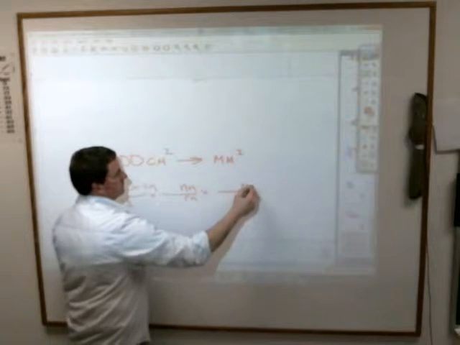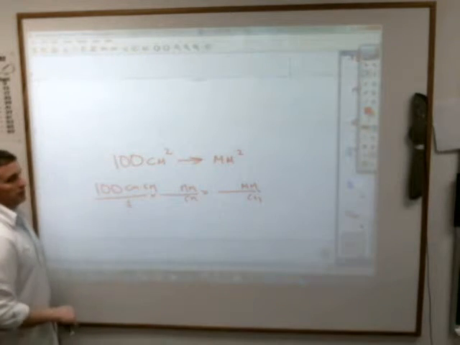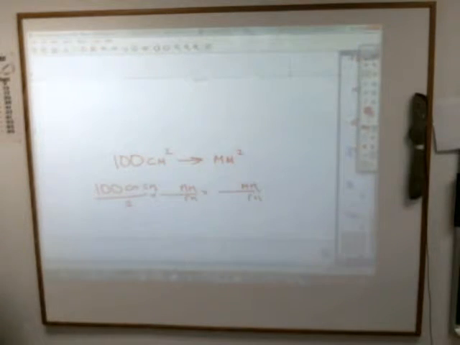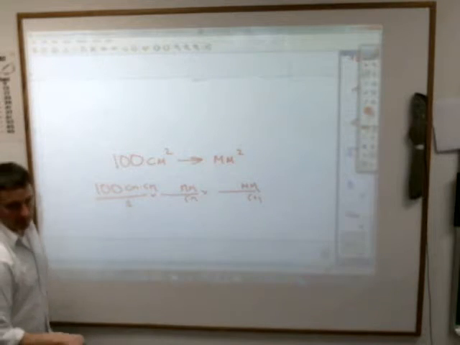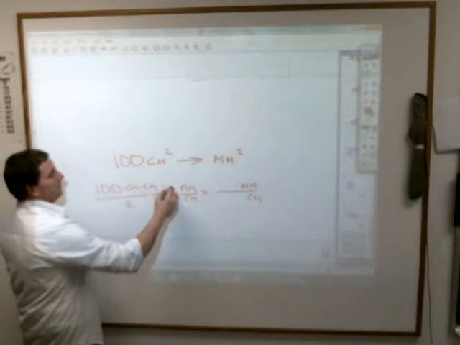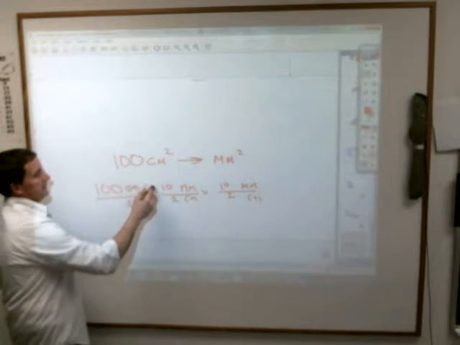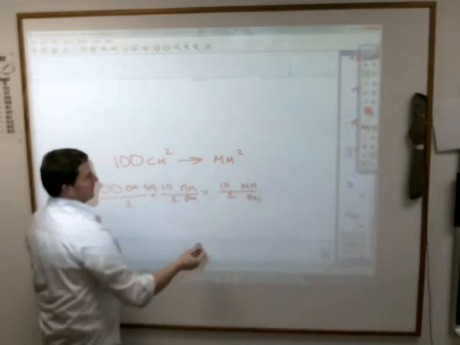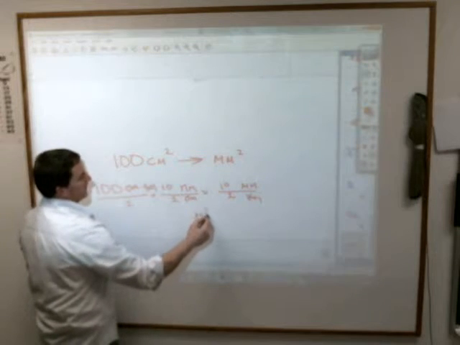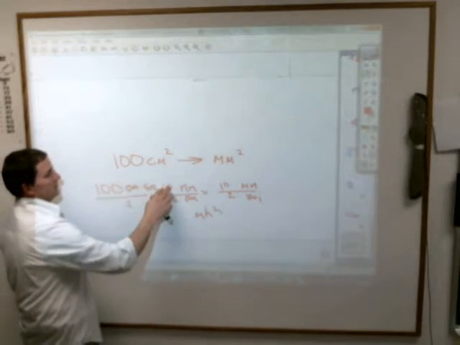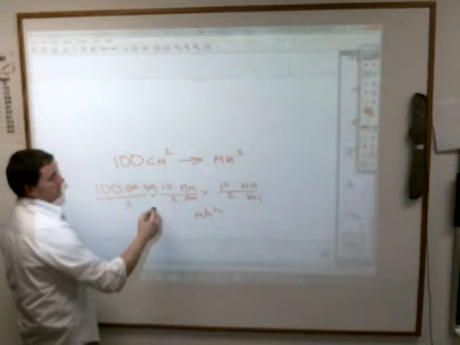Millimeters. And what's our centimeter-millimeter conversion? 10 millimeters equal 1 centimeter. Your centimeters labels cross off. Your millimeters squared label stays. And 100 times 10 times 10 is?